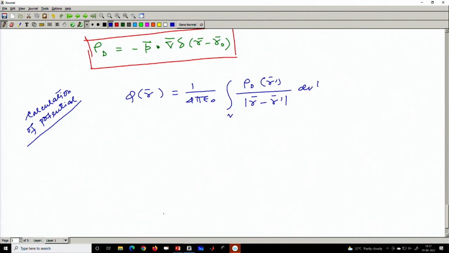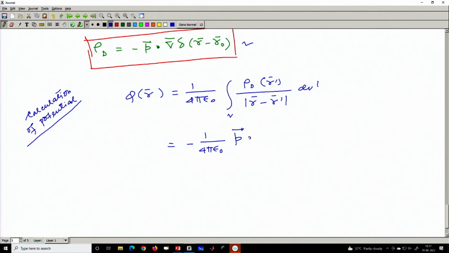Okay. So, now this rho d I know, so that value is here. So, I will put it, and I can write it as minus of 1 by 4 pi epsilon 0, p is a constant.